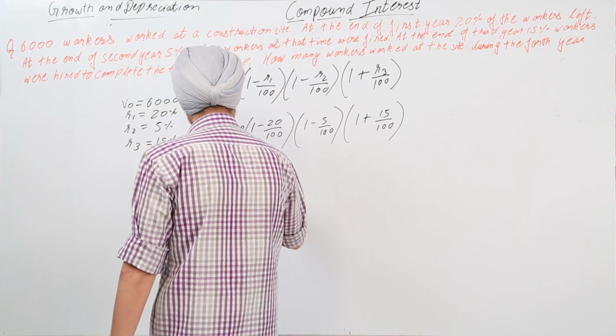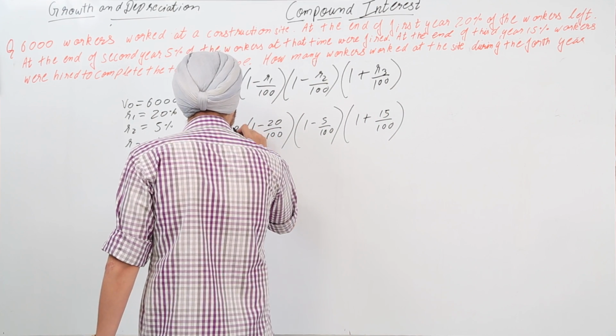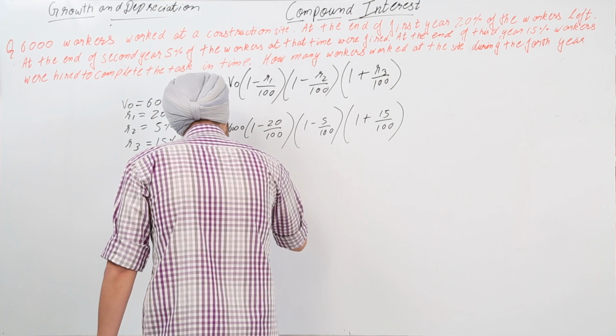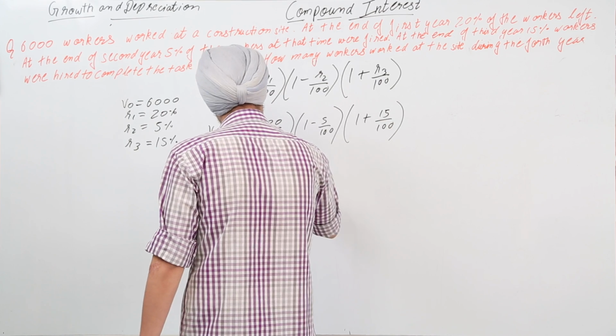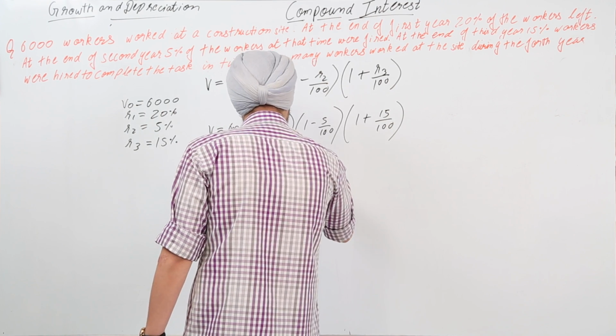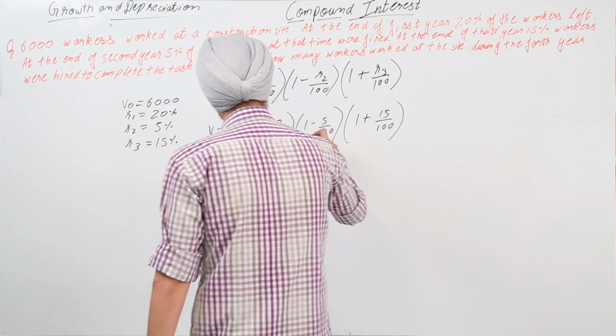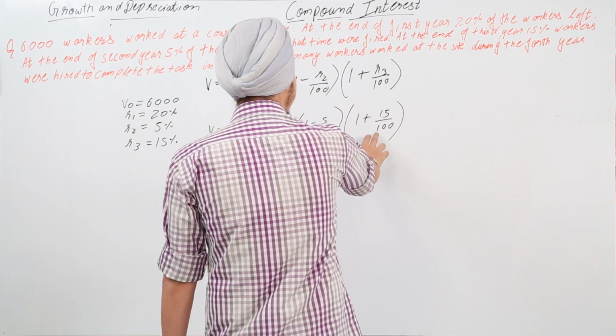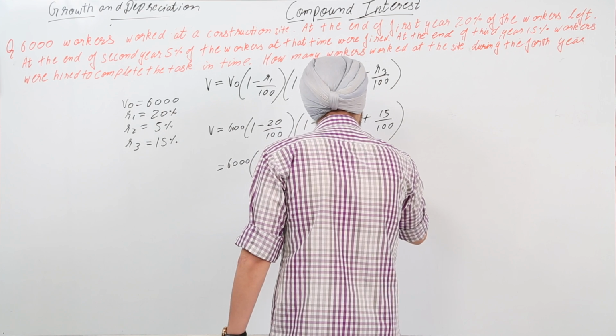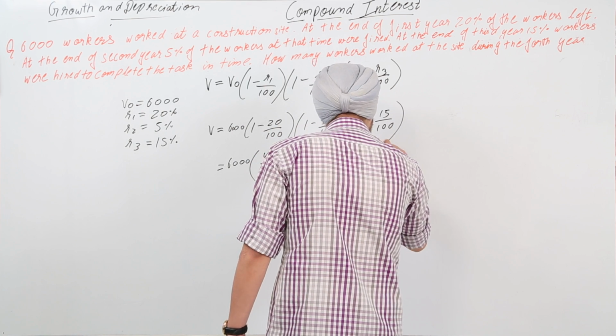So the values for this come out to be equal to 6,000 into 4 by 5 into 19 by 20 into 23 by 20.